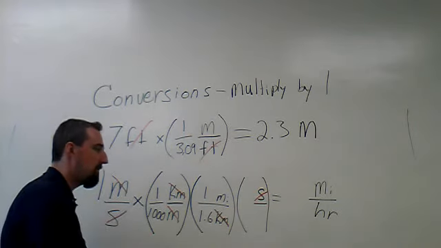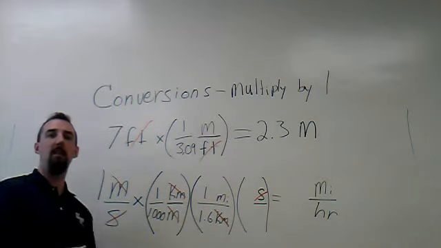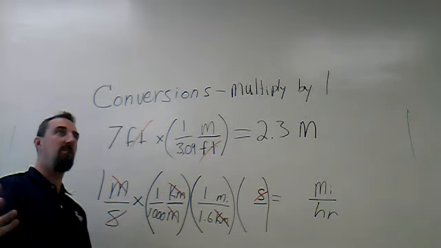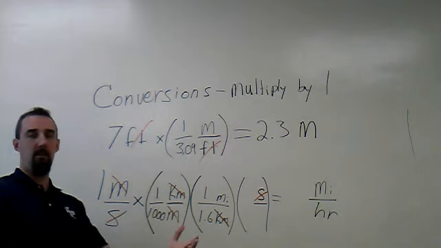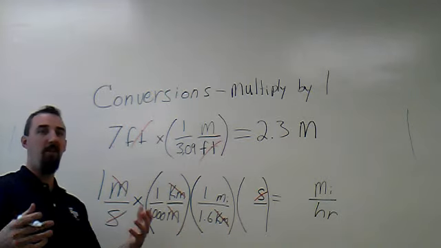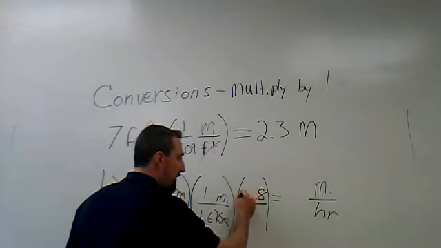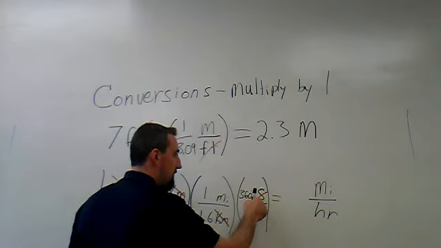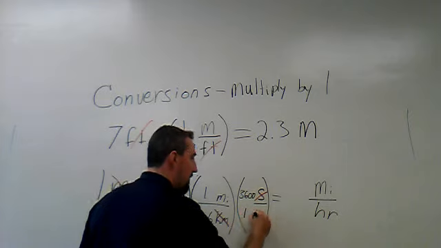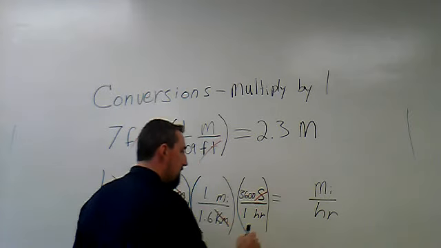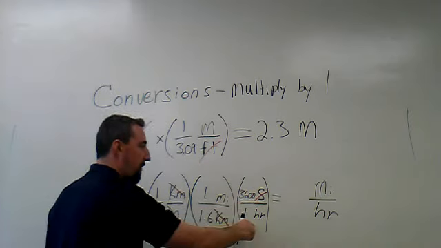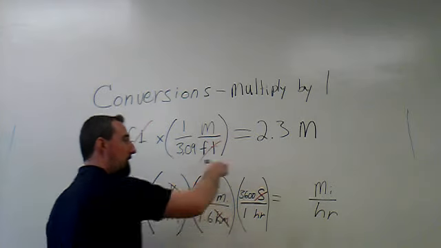And I need hours on the bottom. Do I know how many seconds are in an hour? Well, let's see, there's 60 seconds in a minute, 60 minutes in an hour. So 3,600 seconds in 1 hour. 3,600 seconds, 1 hour are the same, so that's the number 1.